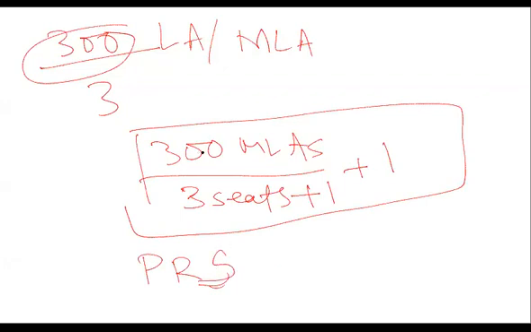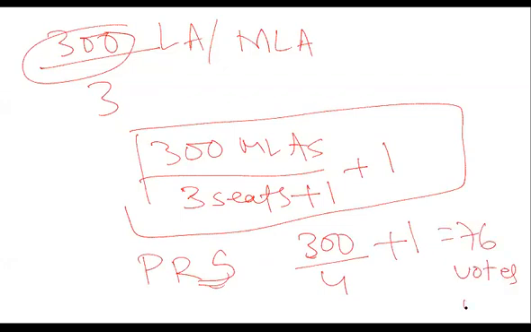So this will be 300 upon 4, plus 1, and that will be 76 votes for MLAs. If 76 MLAs give their vote to a particular contestant, then that contestant will be declared elected on a seat of the Rajya Sabha from that state, and this is called proportional representation system.